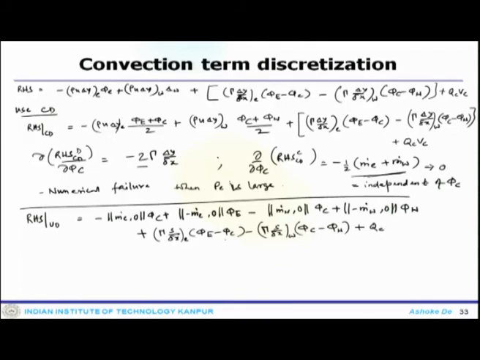So, what one can get is that the right hand side for convection in the upwind scheme by del phi c is m dot E 0 minus m dot W 0, which will be either negative or 0 for all flows.